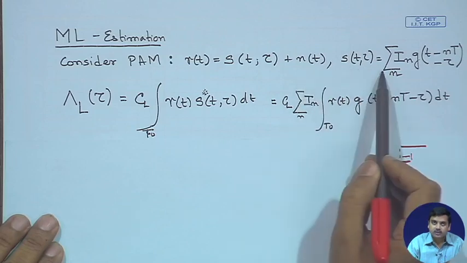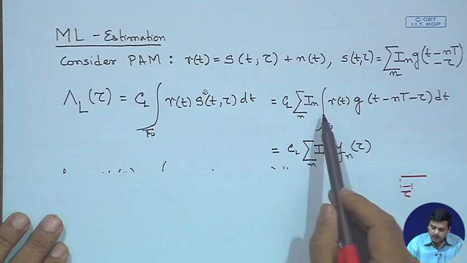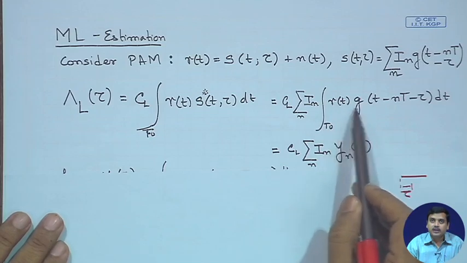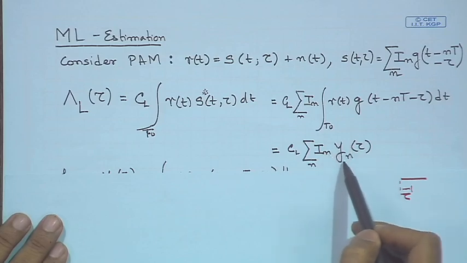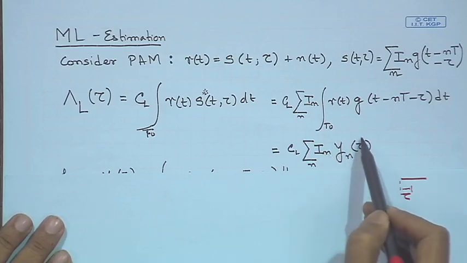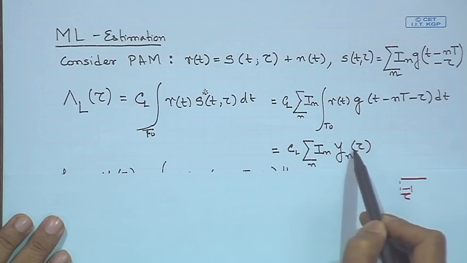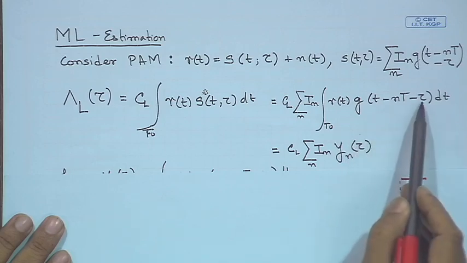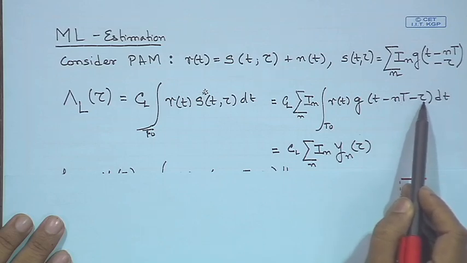This clearly comes from the above step. If you look at r(t) integrated with g(t), it is basically the output of the matched filter. However, it is parameterized by tau. Earlier it was at T, but now it is at tau. So, if tau is equal to T, you are at the appropriate time. If it is not equal to T, you are not at the appropriate time.